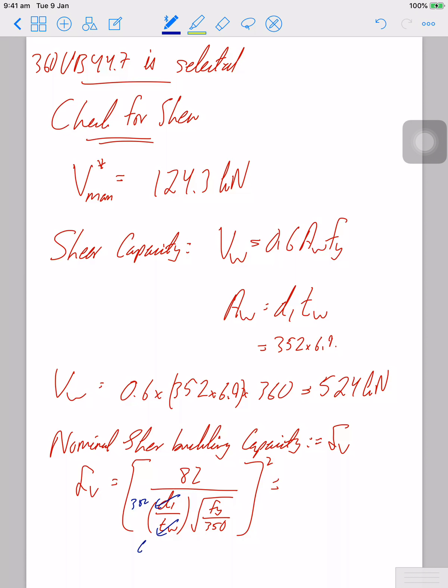Put in 6.9. Put in 360. It should come out to be equal to 2.0, which is not less than 1.0.